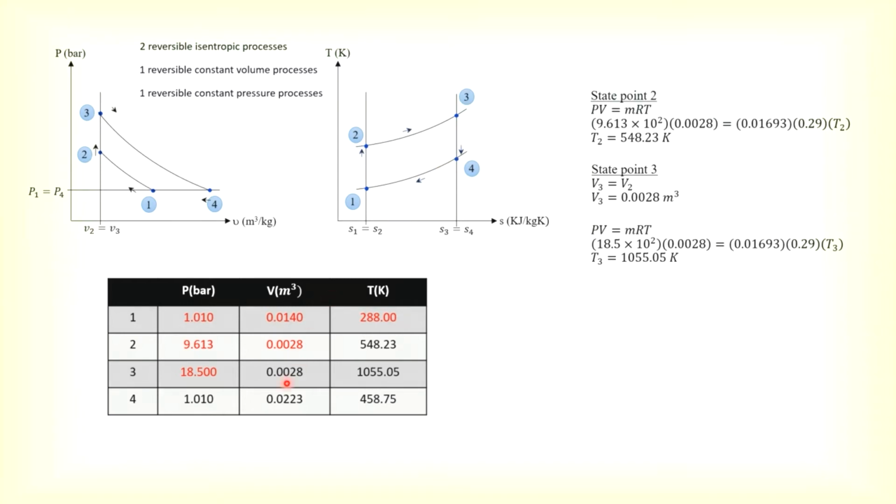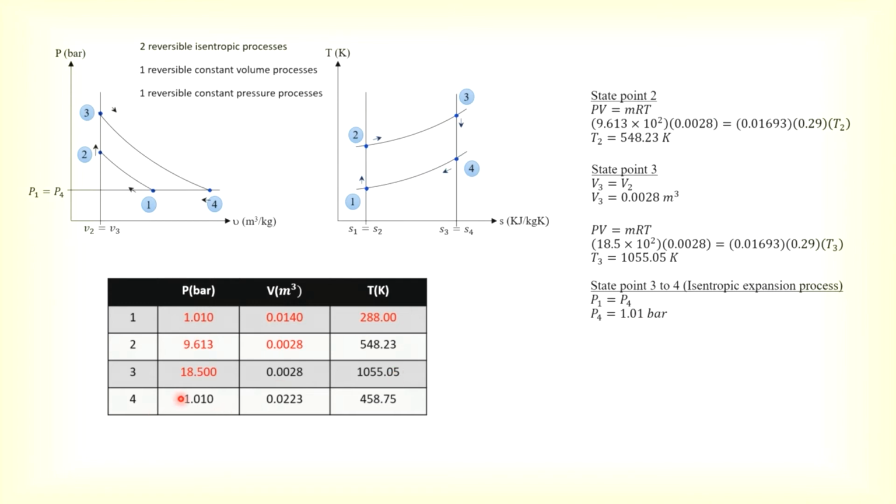So based on isentropic, you can refer to the isentropic relationship between pressure and volume, or pressure and temperature. If you take pressure and temperature, it must be to the power of gamma minus 1 over gamma. If you take pressure to volume, it must be to the power of gamma.